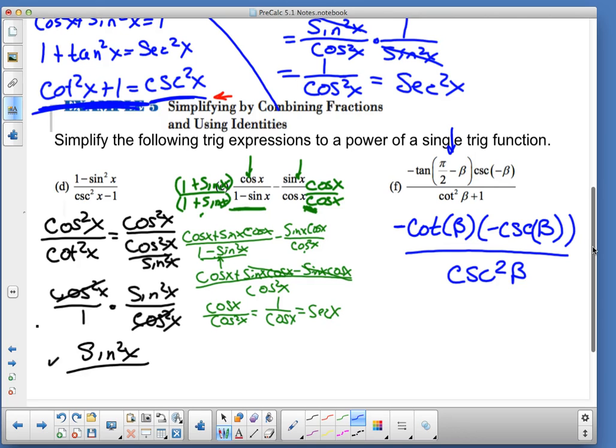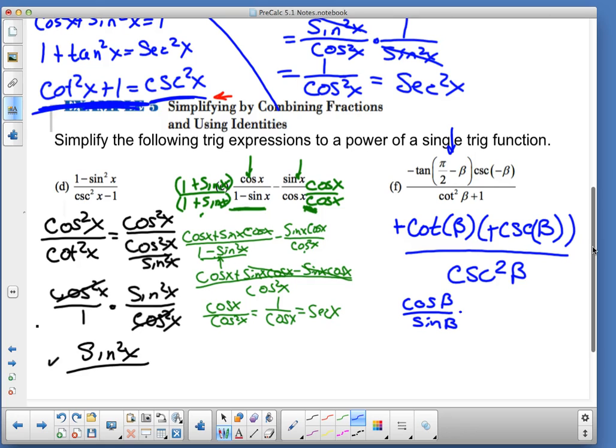Well, what's this doing for me? I've got things substituted in. The negatives are going to be positives now. Cotangent, cosecant, I'm going to switch them all to sine and cosines. Cotangent beta, remember, is cosine beta over sine beta.